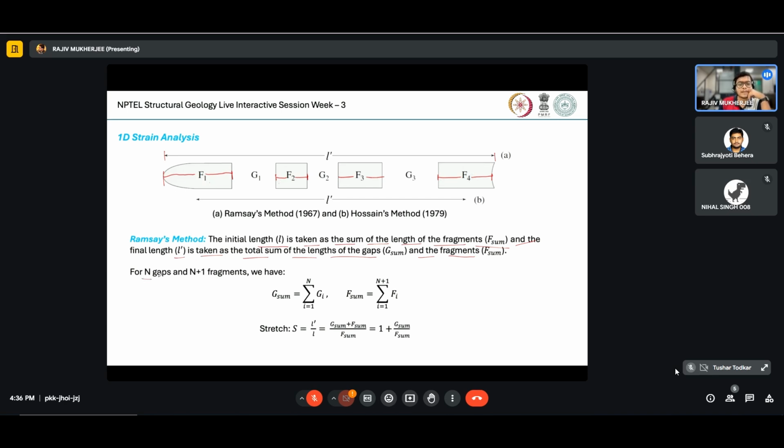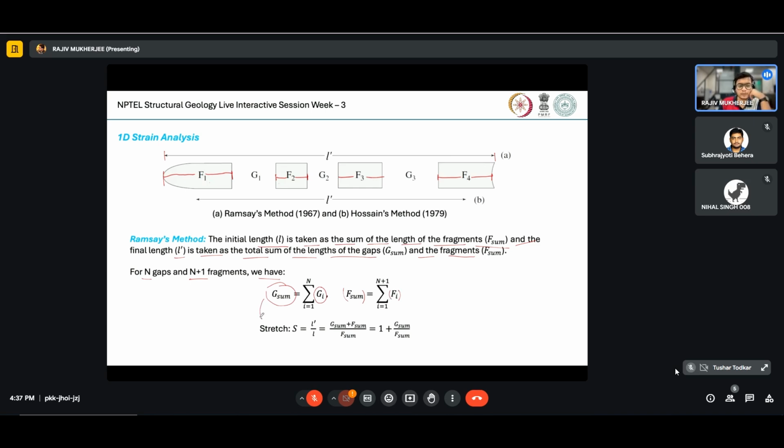So for n number of gaps and n plus 1 number of fragments, we have the total length of the gaps, G sum, equal to the summation of gi from i equals 1 to n, where gi is the individual length of these gaps, and F sum is the summation of the lengths of individual fragments, which will of course go from 1 to n plus 1, where fi is the length of these individual fragments.